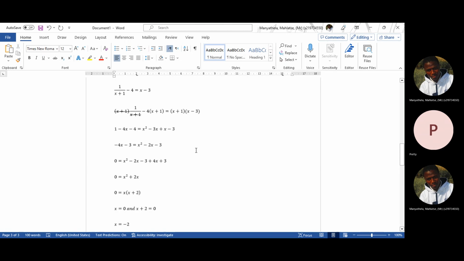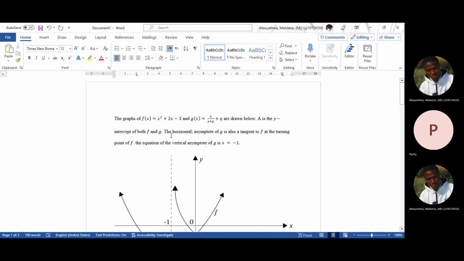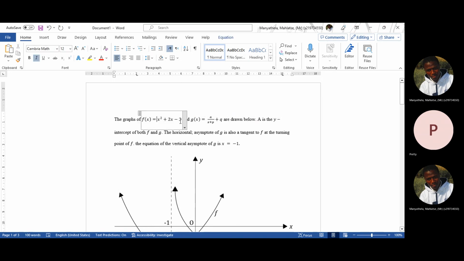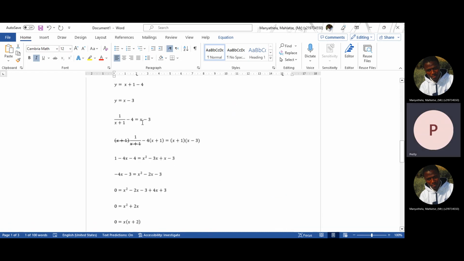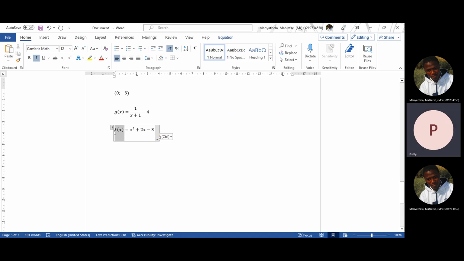So the next question is to write down the range of the negative parabola. We need to determine the range of negative f of x.